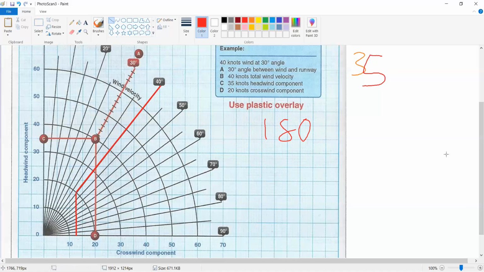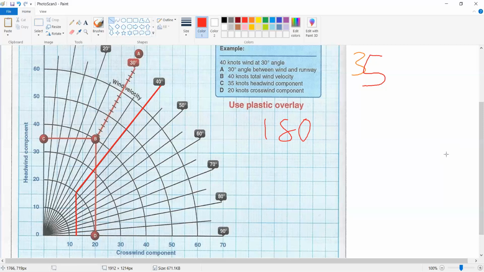Right? 40. So just seeing that itself, I'm thinking 14. I could be wrong, but let's see here. So looking at that, if it's 40, it could be 140.